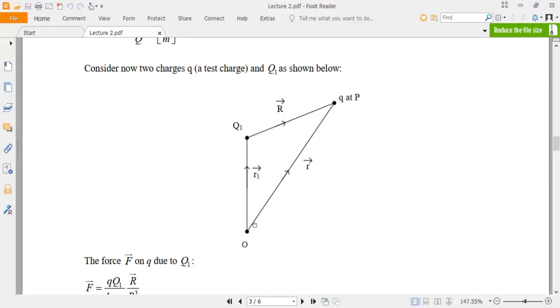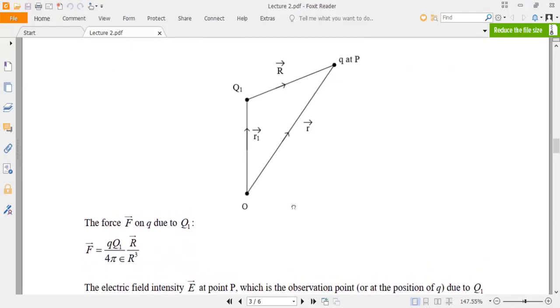This is the position vector R1, and this is the position vector R. I'm simplifying my force subscripts, so I'm not using 1, 2, because our objective is to find the force here.